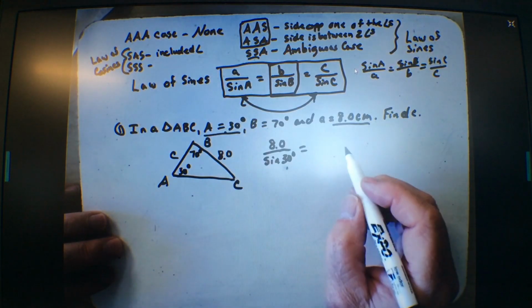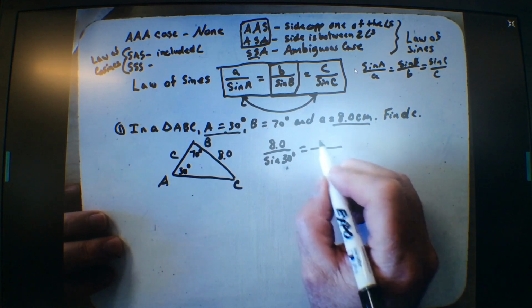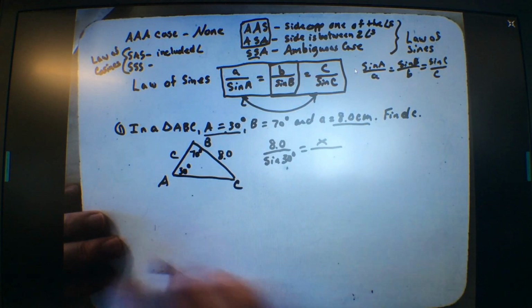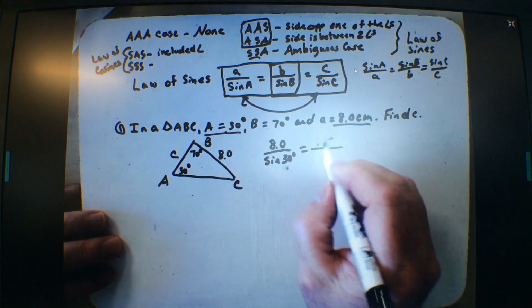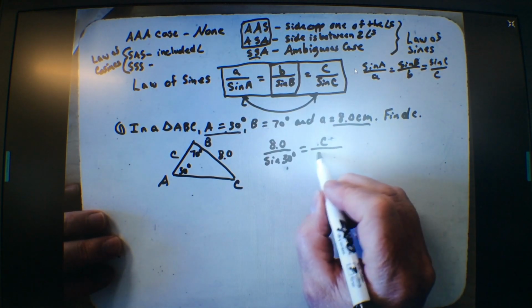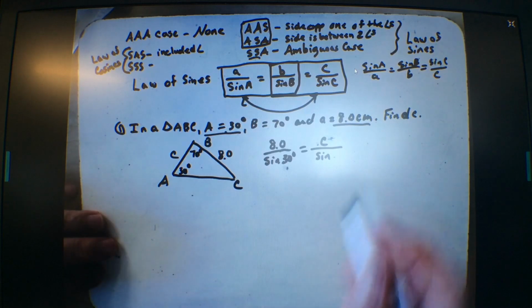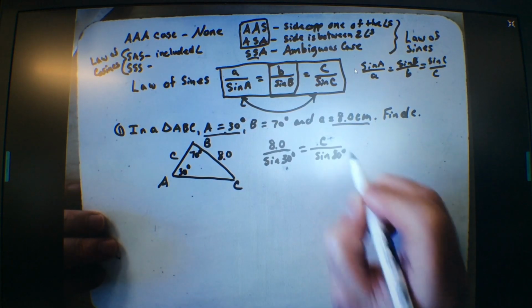So I need little c, and that's x, right? Maybe I'll put c there so you know that's c. But what goes down here? The sine of angle C. And how big is C? 80 degrees, correct? Because they add up to 180, correct?